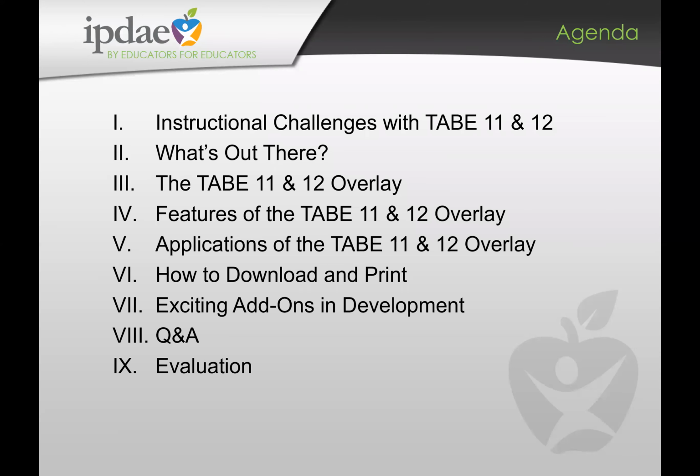And then I'm going to go over the actual TABE 11 and 12 overlay. As I do that, I'm going to go over certain features that you need to be looking at, how to understand it, how the colors are assigned, and how you're going to look at the emphasis level. So we're going to go over all of that.